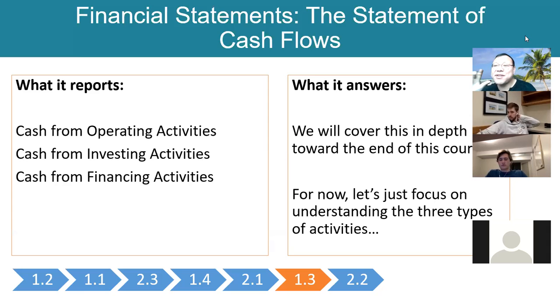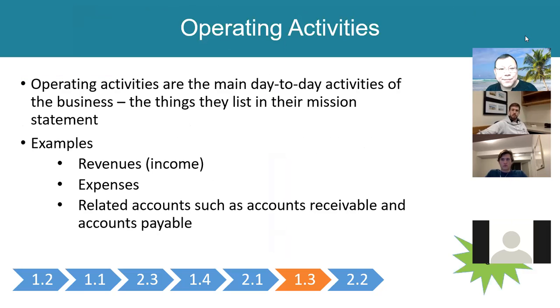We are going to cover this statement briefly. Toward the end of the semester, we have a whole chapter on preparing the statement of cash flows, so we are just scratching the surface at this moment.